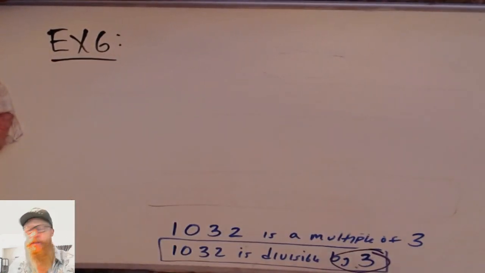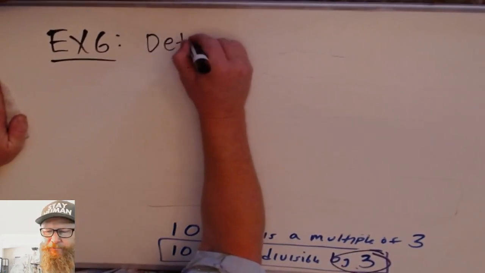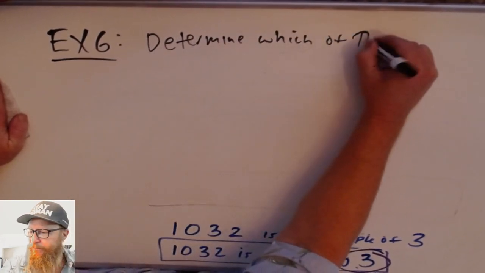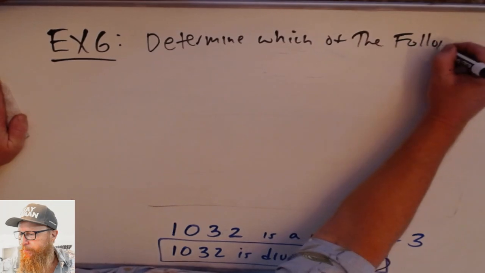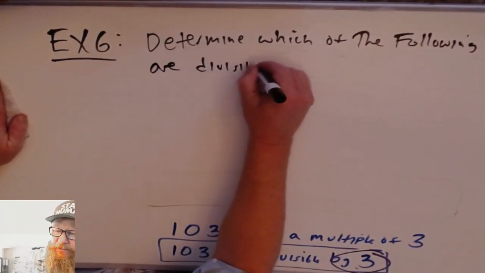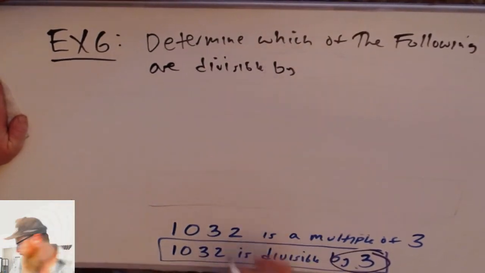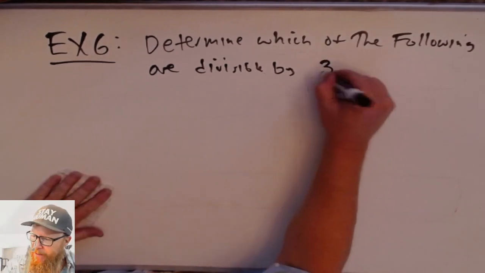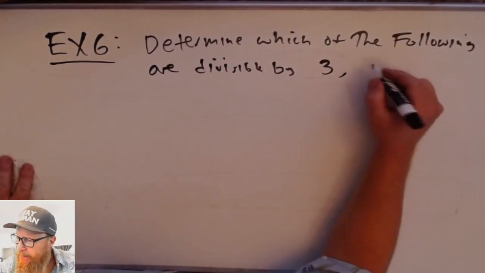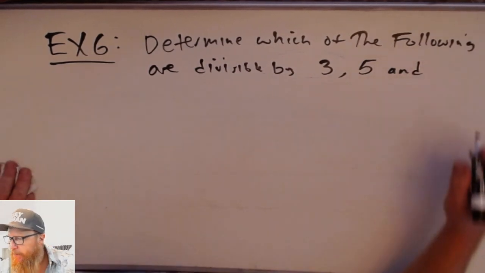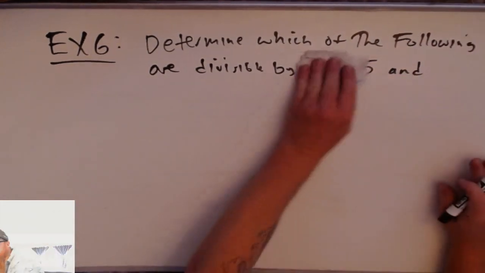I might have already done this one, but determine which numbers are divisible by 2, 3, and 5.